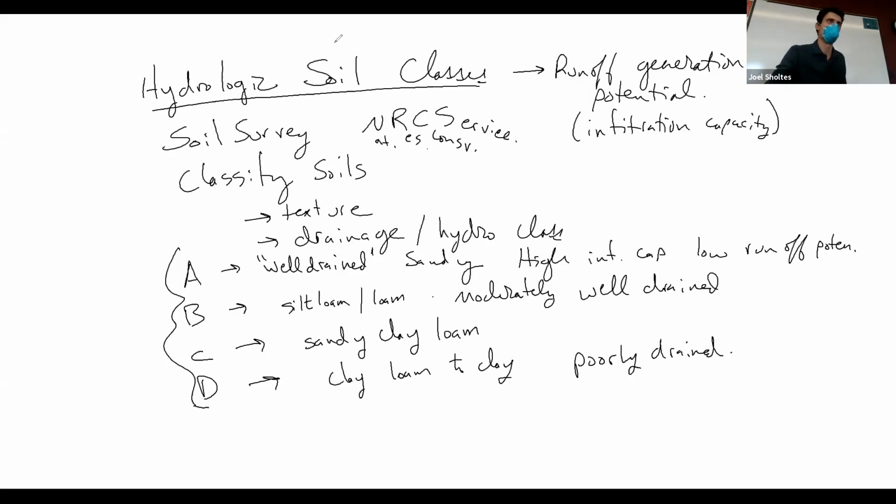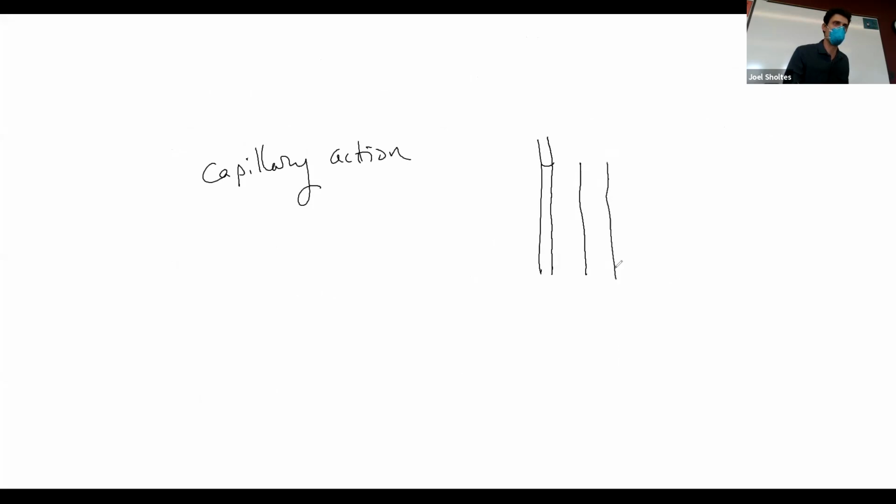Yeah, let me just draw this real quick. Okay, so we'll call it capillary action. And we talked about last time how if you have a thinner straw, the water will rise higher than in a thicker or wider straw, right?